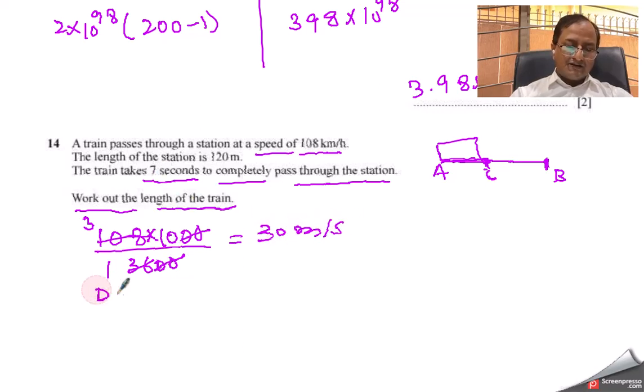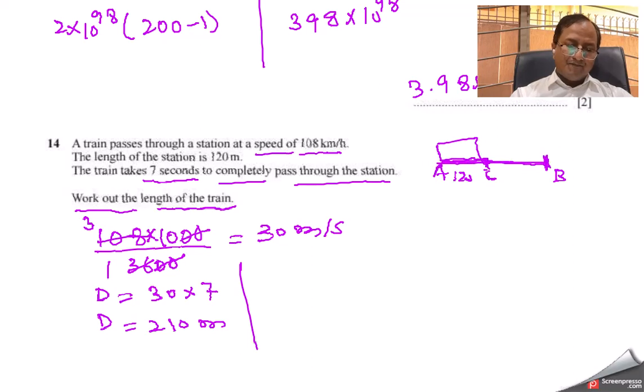Then how much distance is covered in 7 seconds? Speed 30 times time 7 covers 210 meters. Now 210 meters is the distance from A to B. The station is 120 meters. The total is 210.